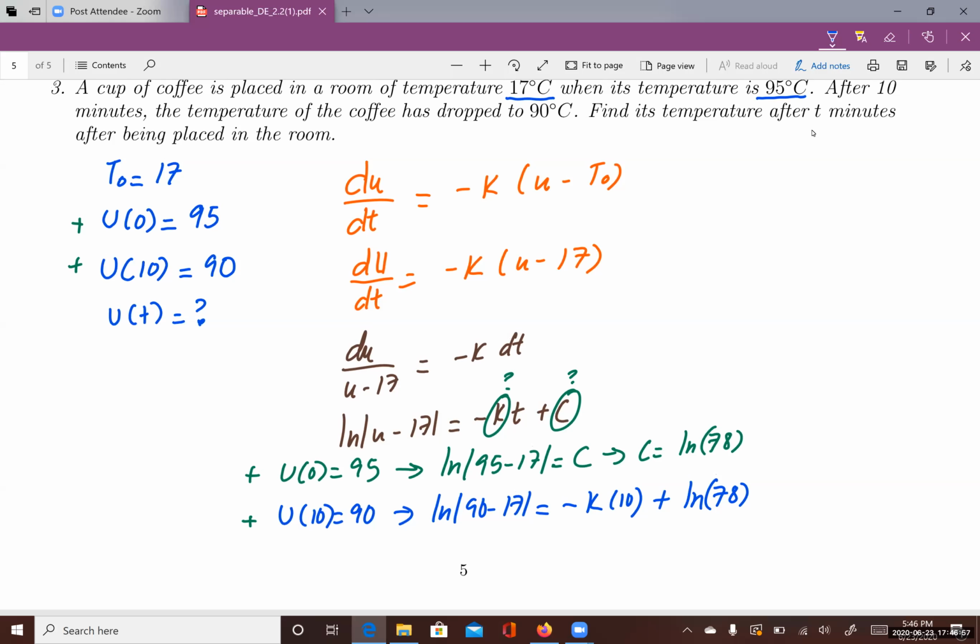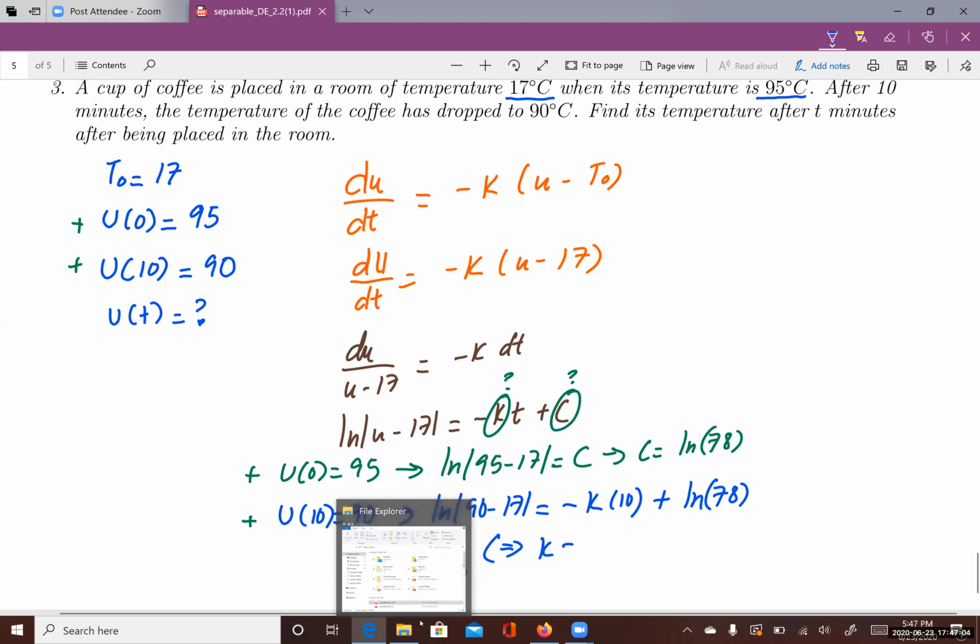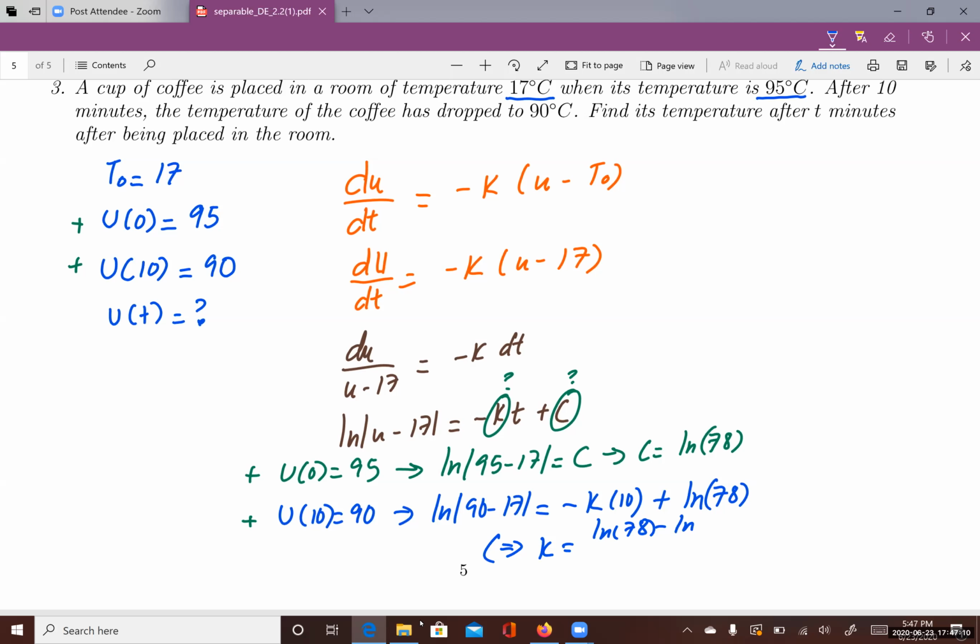Okay, now I can solve for k. So I move this around, it's going to be natural log of 78 minus natural log of 73, divided by 10, approximately 0.0066.